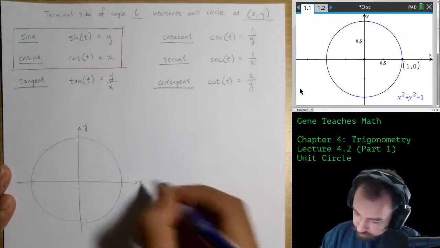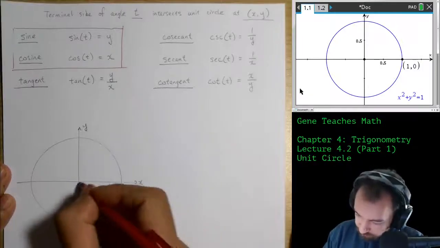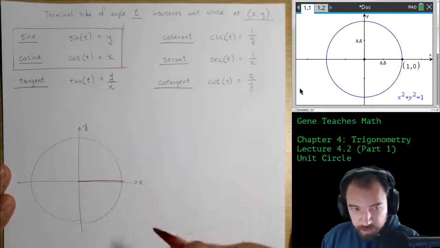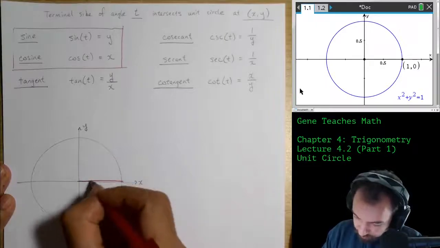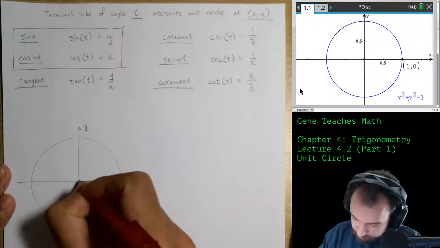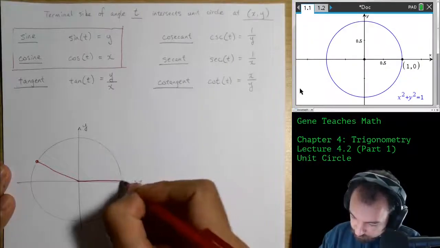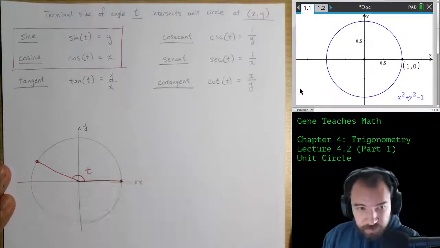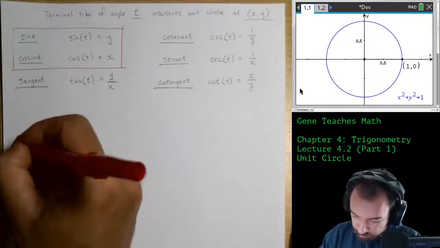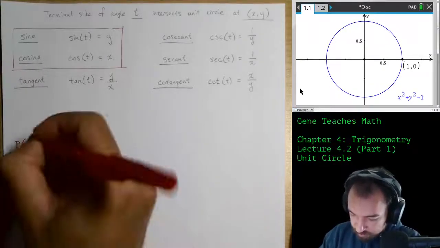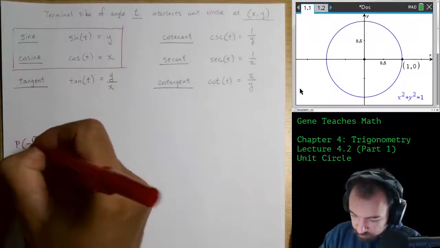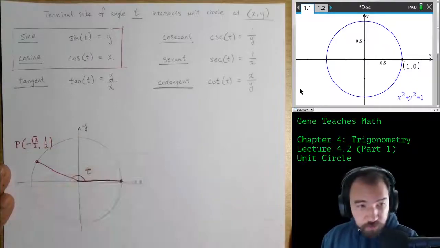We've got x and y, and we want a very specific angle. And I'm not so interested in exactly what that angle is right now, but I'm interested in the place where it intersects the unit circle. So let's just say this angle is t. And this point right here, P, has coordinates negative root 3 over 2, comma, positive 1/2.